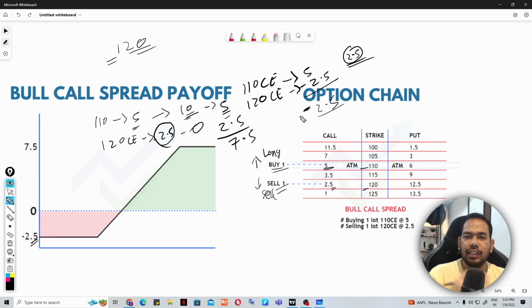Sometimes we feel that the amount we are paying for a long call option, we want to subsidize it, or we want that premium to go down.